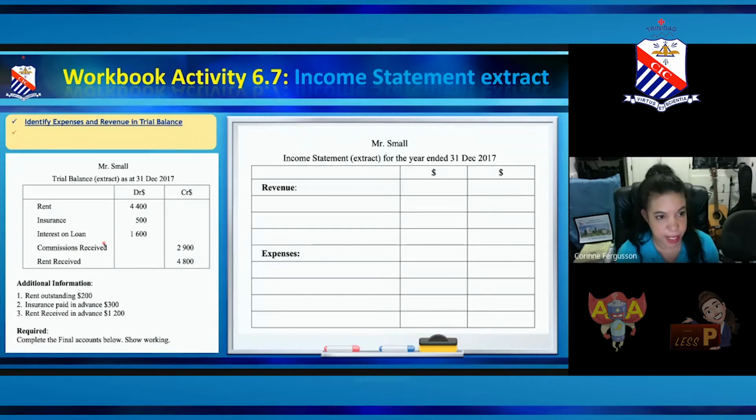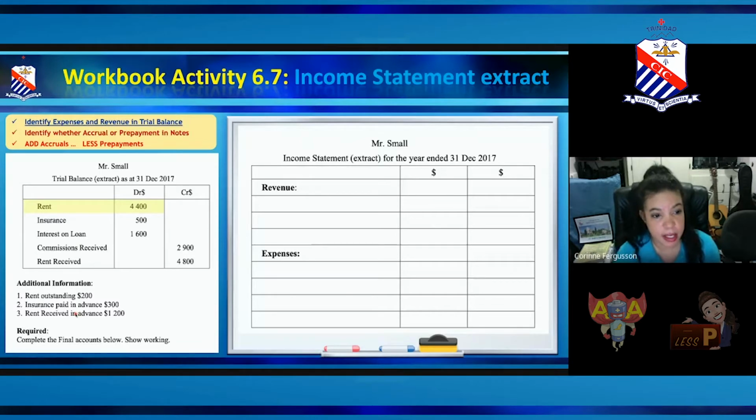So you identify, and then you go to your notes and identify for each one whether it's an accrual or prepayment. And if you identify it as an accrual, you will add it. And if you identify it as a prepayment, you would minus it. As easy as that. So we're going to start, as I said, I go to the trial balance and I am going to go in order. You don't have to go in order.